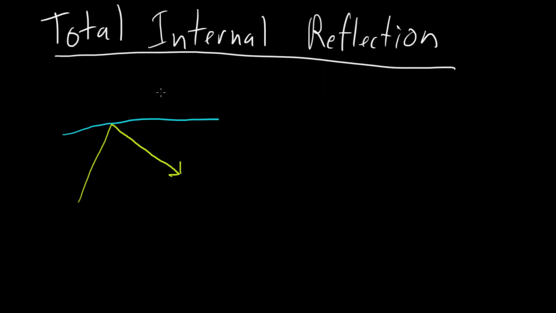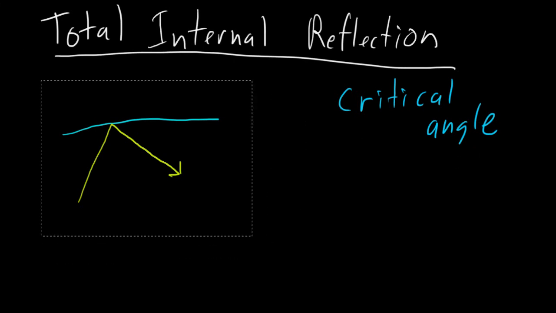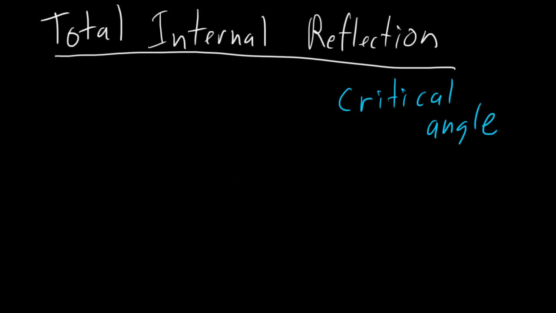And you know that one of these is going to happen, or has happened, when the angle of incidence is more than something called a critical angle. And I'll write that. A critical angle. And you will occasionally be asked to find the critical angle, but it's really, really easy. Here's why. The critical angle is the angle where this happens.